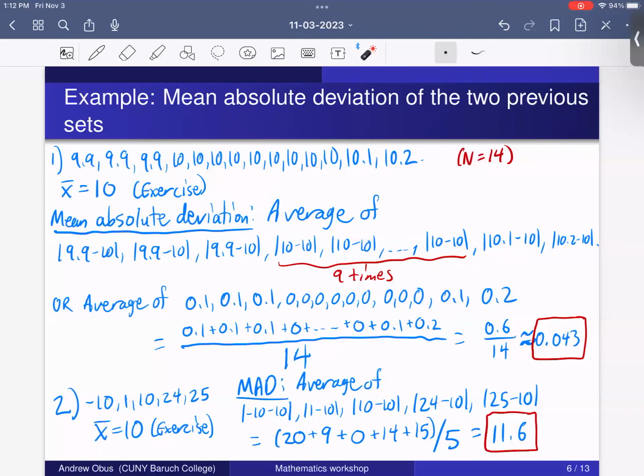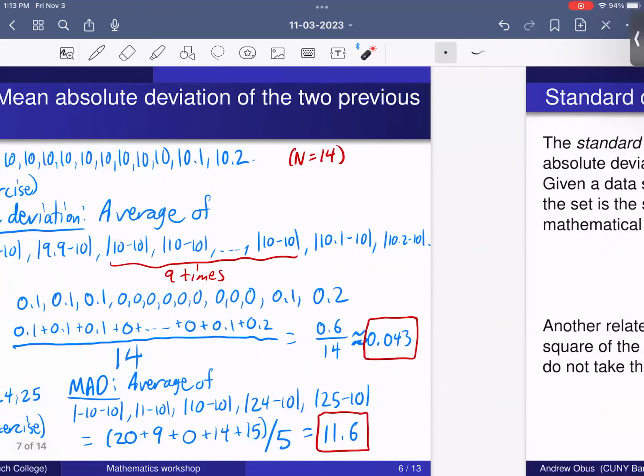Like in the second calculation we did, we have the distance for each number from the mean to be 11.6. Is there any side effect on the statistics? Yeah, so the further away the entries are from the mean, your mean absolute deviation is going to be bigger. It doesn't generally affect the mean itself, and it doesn't affect the median itself.